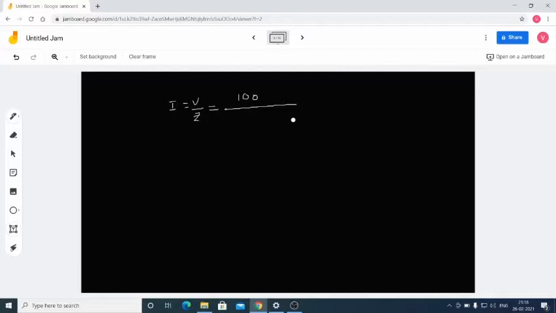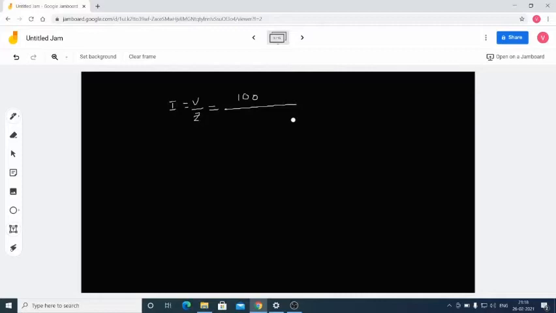We will get 200 watts. The fourth parameter, the voltage drop across resistance, which is known as VR, is equal to the current through the resistance into the resistance value. 2 into the resistance value, 50. We will get 100 volts.